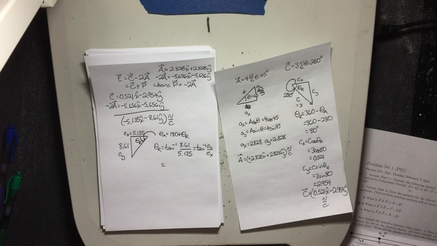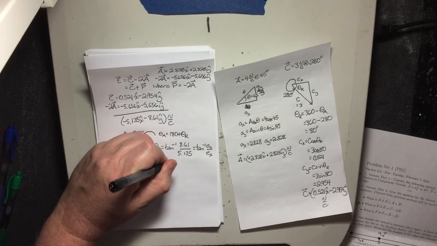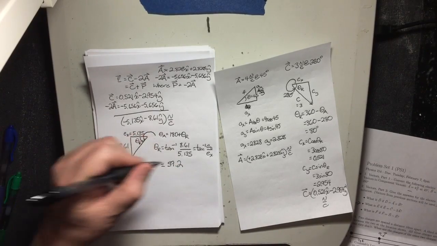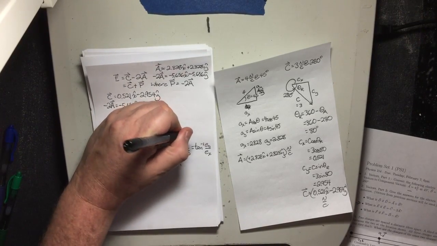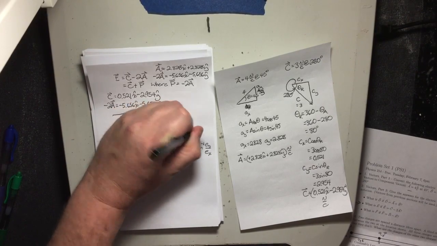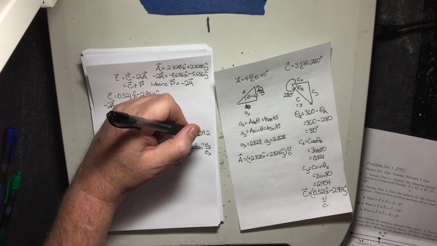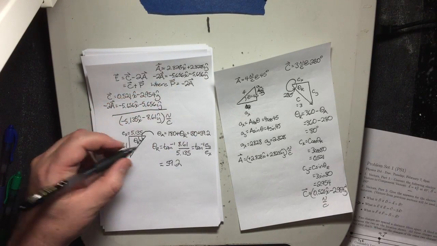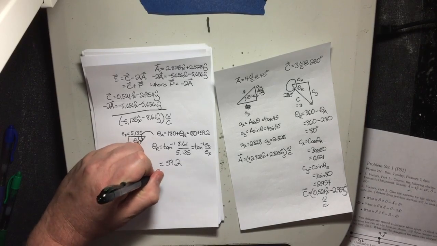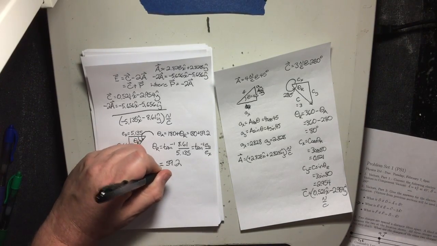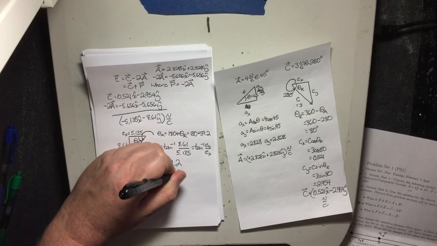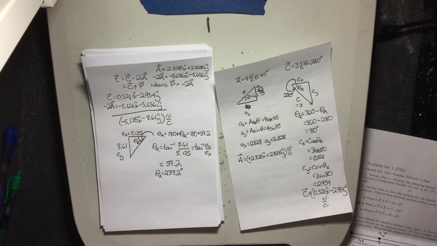Since I'm only dealing with reference angles, I don't use negative signs in these calculations. 59.2. Because it's 59.2, the absolute angle is 180 plus 59.2, or 239.2. And that's the absolute angle.